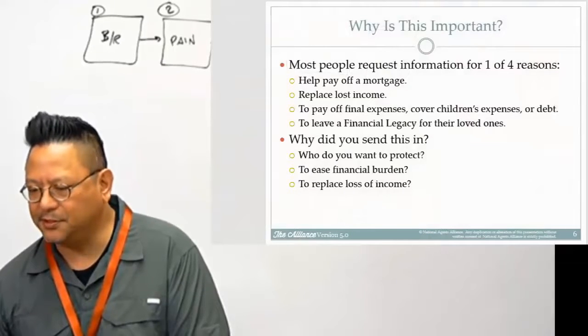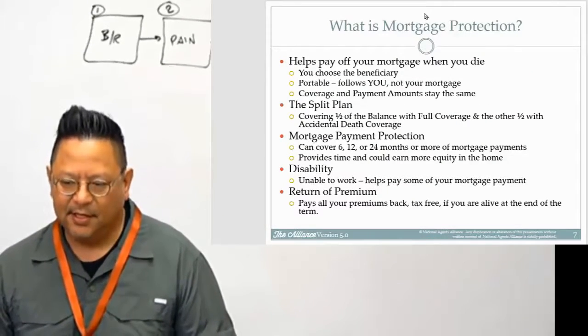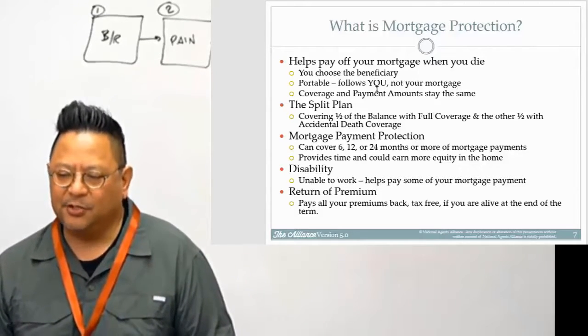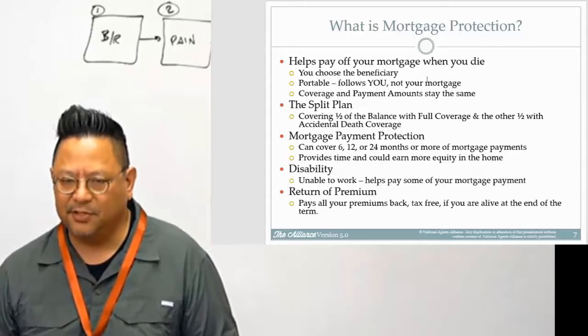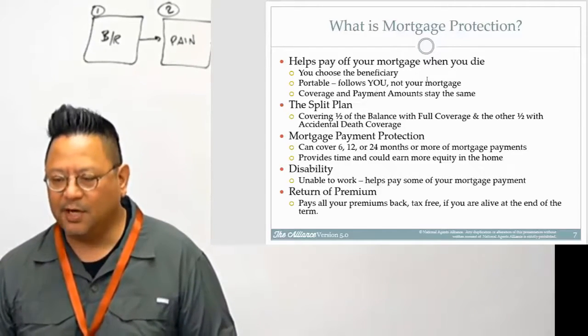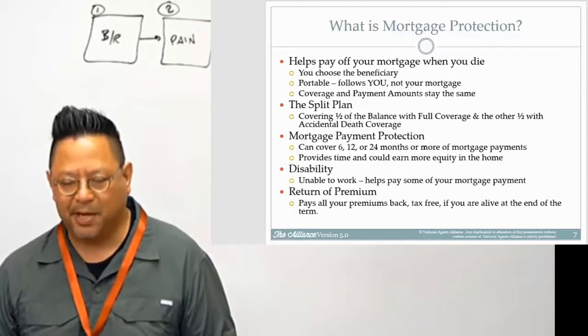Why is this important? Now you're going to talk about mortgage protection. Based on what they said, we're going to show you an option where it'll pay the mortgage if you die, or pay part of the mortgage so that we can refinance. We've got an option called mortgage payment protection where we can cover mortgage payments.